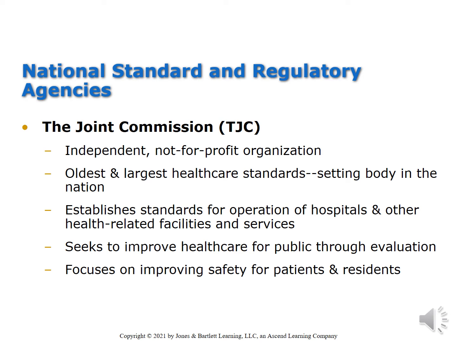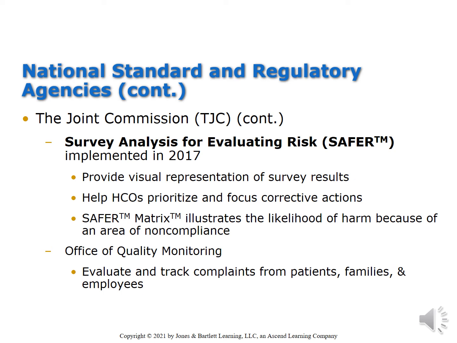It seeks to improve healthcare for the public through evaluation and also through transparency, and it focuses on improving safety for patients and residents by making sure that these agencies adhere to their best guidelines and recommendations.